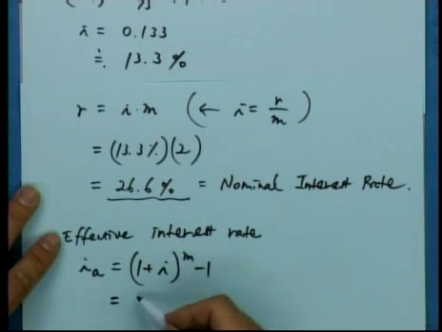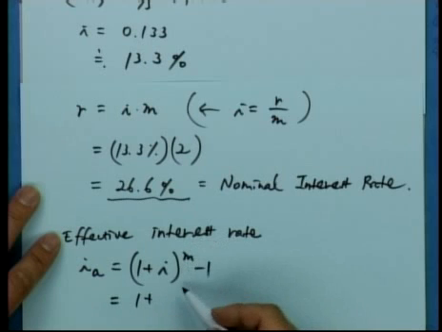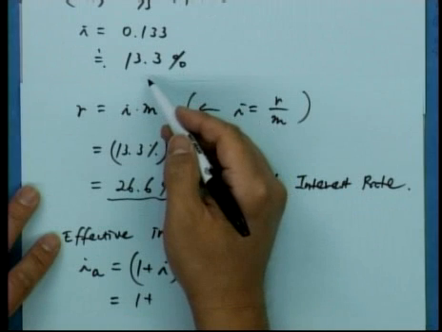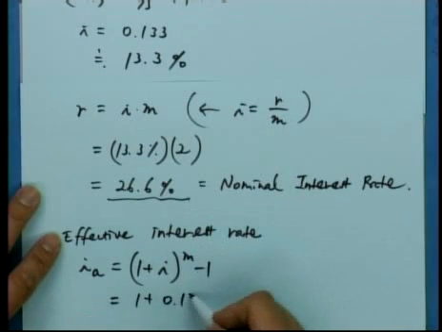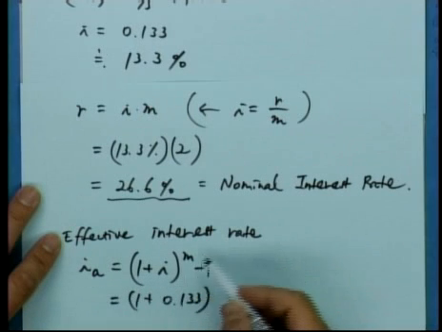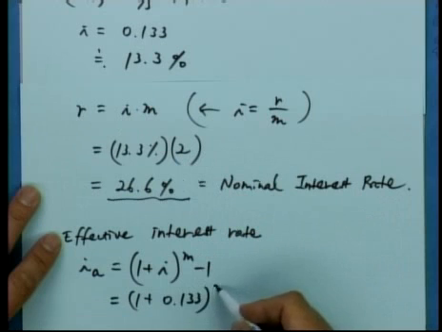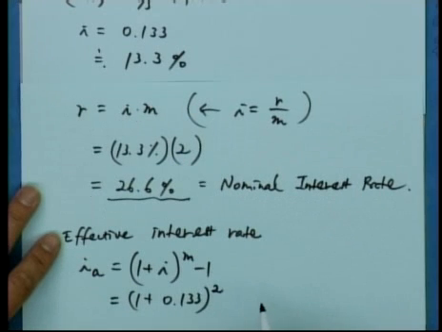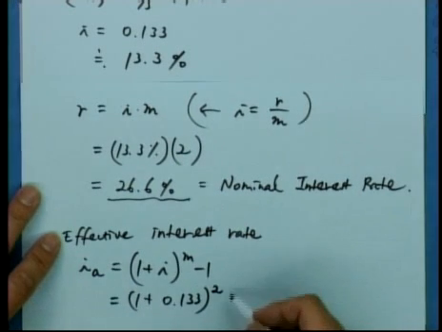So here, 1 plus i is 1.133, and m is 2, because there are two 6-month periods in a year, minus 1.